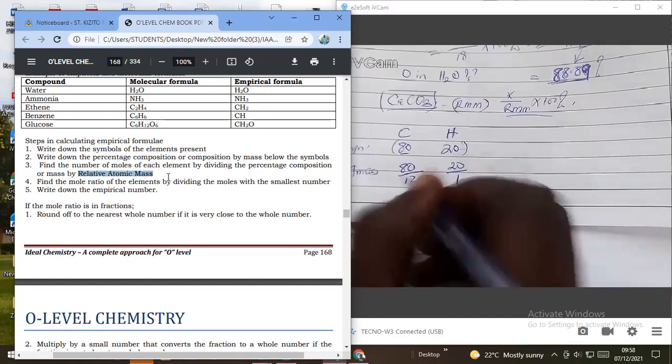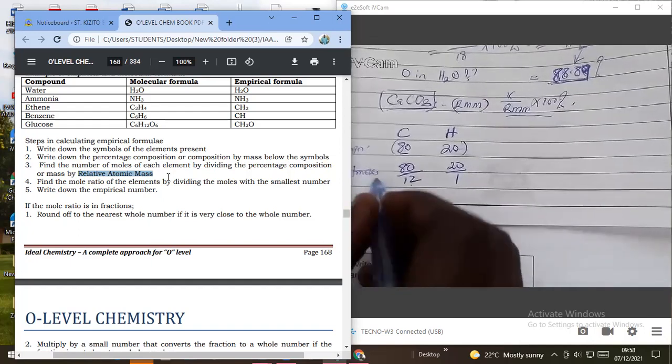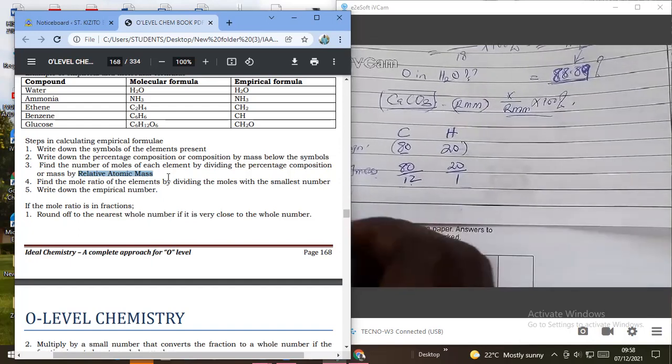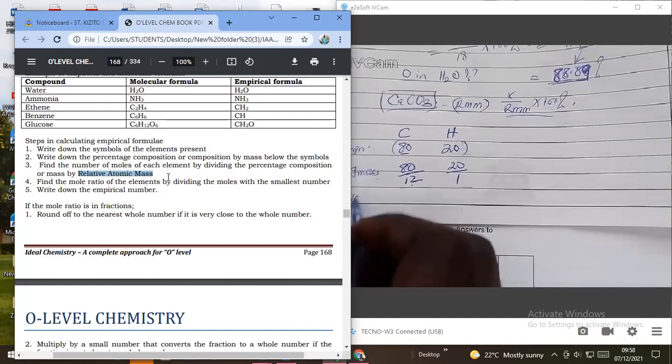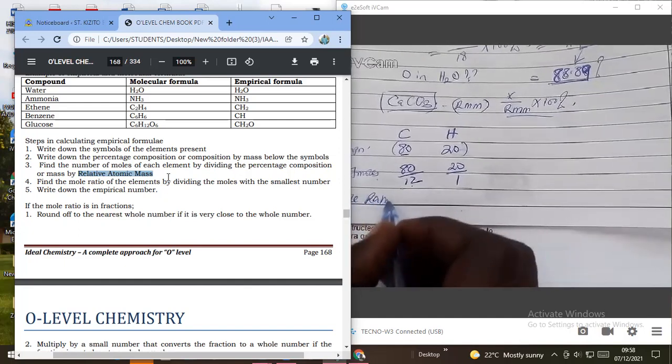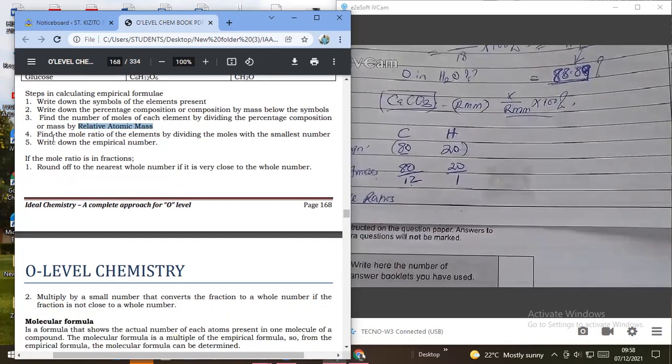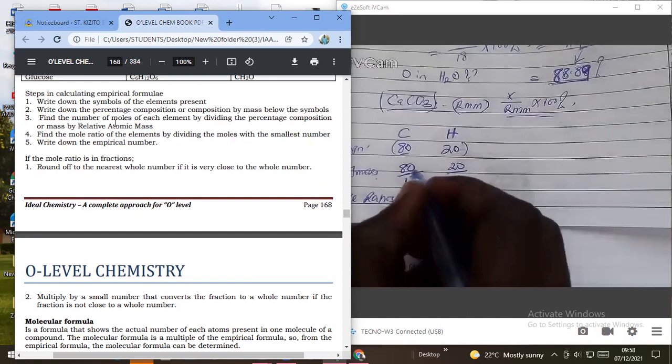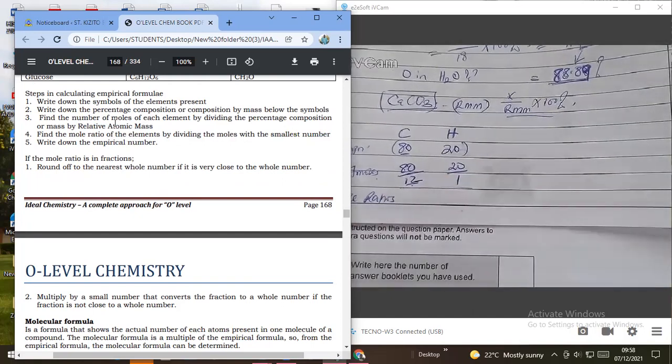When you divide this, you get the number of moles. Then after getting this, we are going to get the mole ratios. Mole ratios are found by dividing the moles by the smallest number from here. So Grace, if you divide 80 by 12, what do you get?